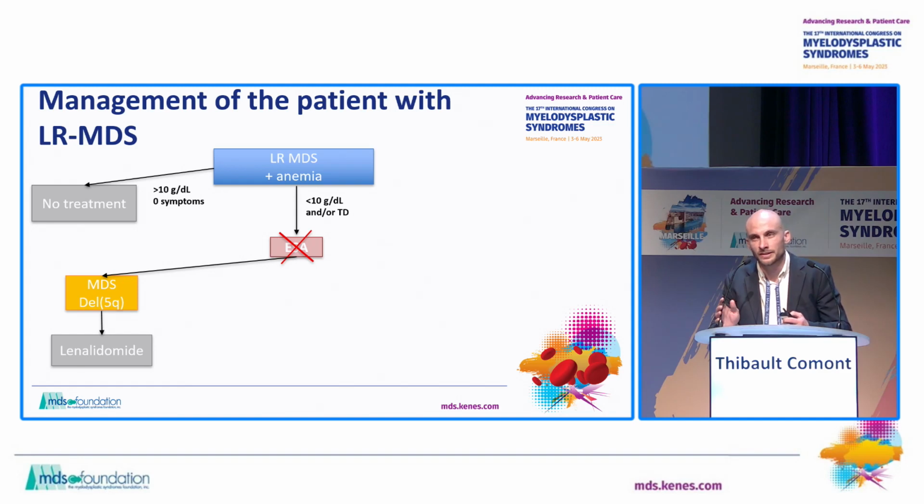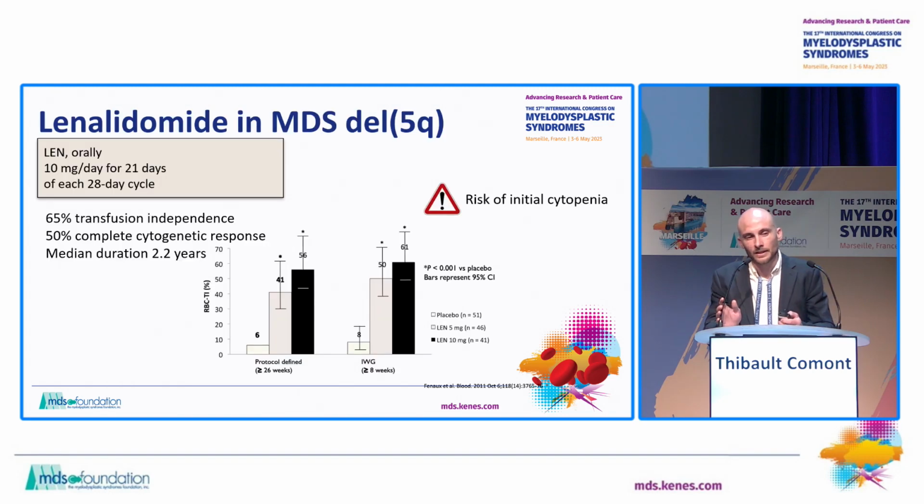The next line depends on the patient and MDS characteristics. The first situation is when patients have MDS del5q, which means they present with isolated del5q on the karyotype. In this situation, the gold standard is lenalidomide. It's an oral treatment given at 10 milligrams per day during 21 days in a month, with a break of one week.